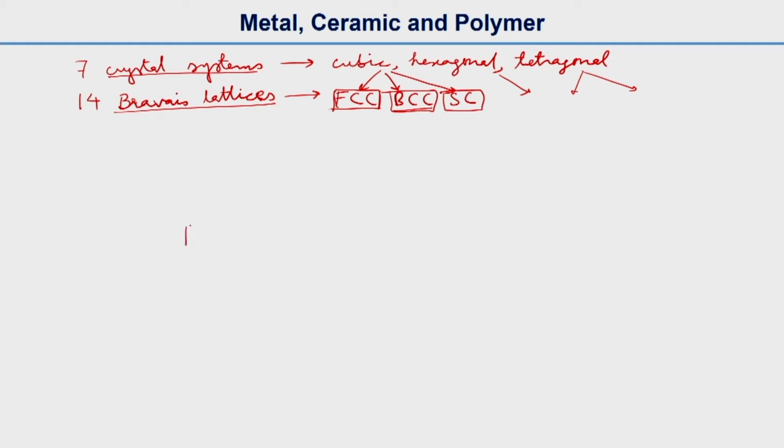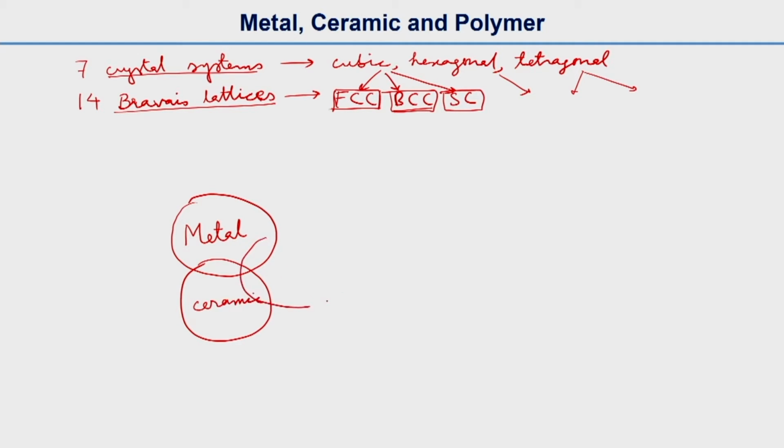But in this slide we will mostly discuss another classification. I will write only metal, that includes metal and alloy, and then another one is ceramic. Ceramic will include, as you know, the glasses, and the third one is polymer. And the common areas between these can represent the composite.